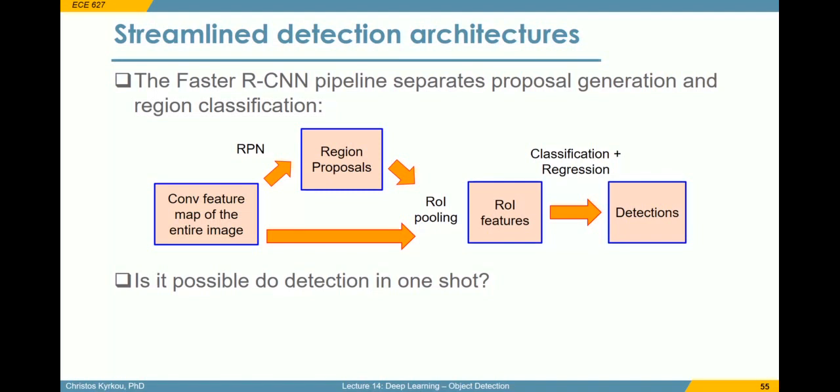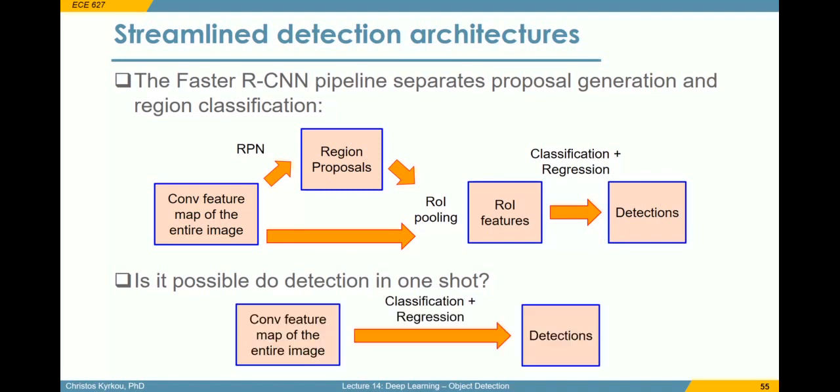So with one pass of a network, predict all the bounding boxes and class scores from the convolutional feature maps. So we don't want any feature resampling stage and remove the proposals.